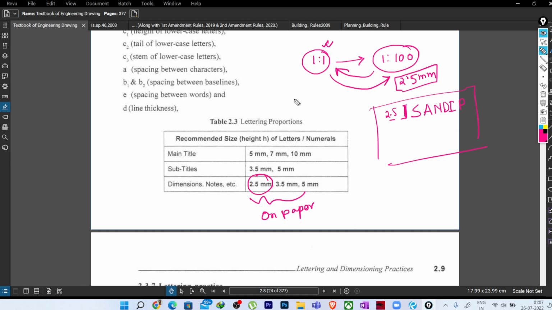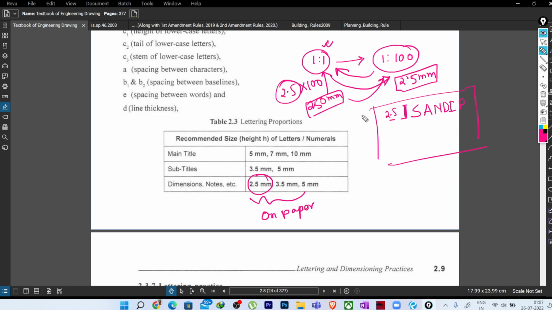So that means this 2.5 mm size will be multiplied by 100. In that case, we need to provide a 250 mm dimension size in the drawing that we are making in 1:1 scale. Then while plotting on paper, it will automatically become 2.5 mm in our printed sheet, right?